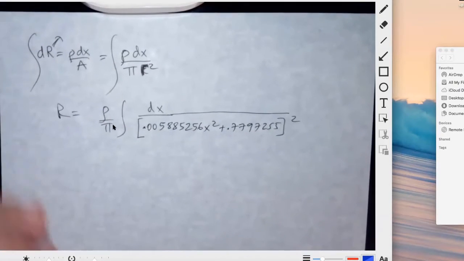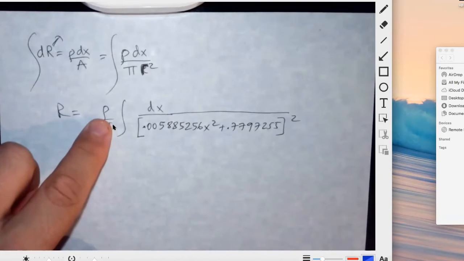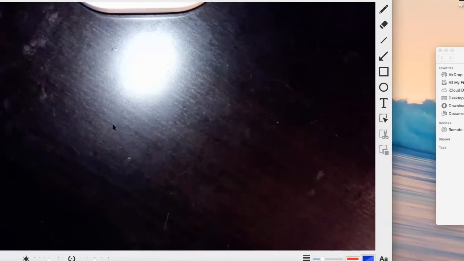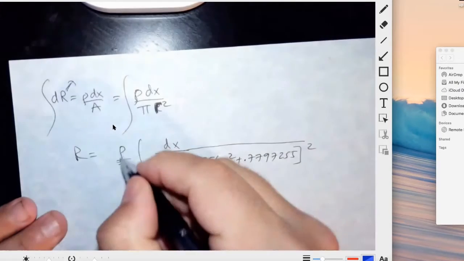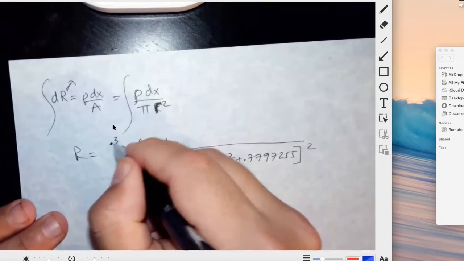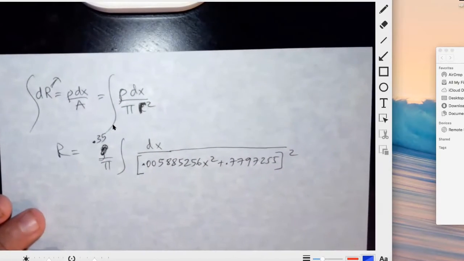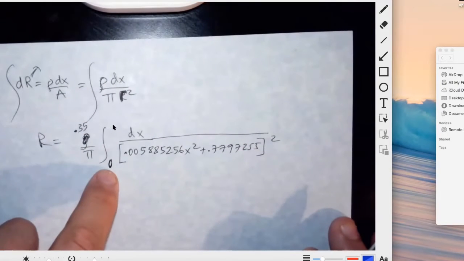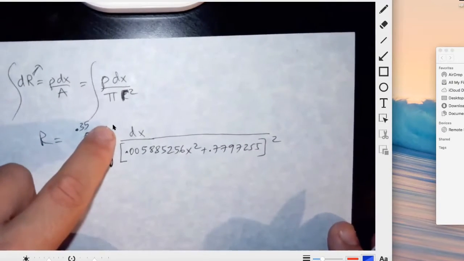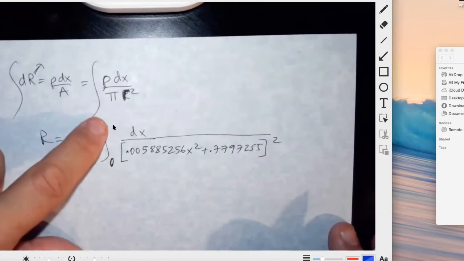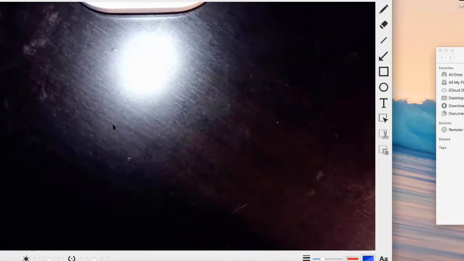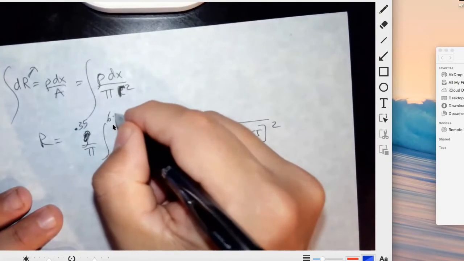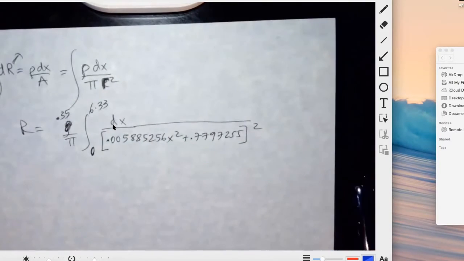I think that's it. Okay, and then the resistivity was, in the problem, given as 0.35, right? 0.35. And then you're integrating this from 0 to the length, which was what? 6.33. Right? Okay.